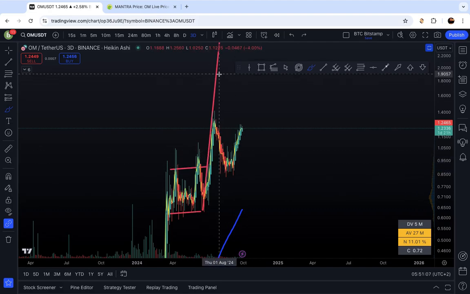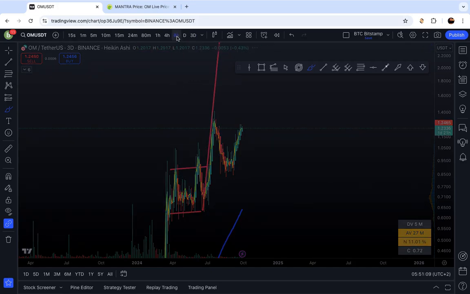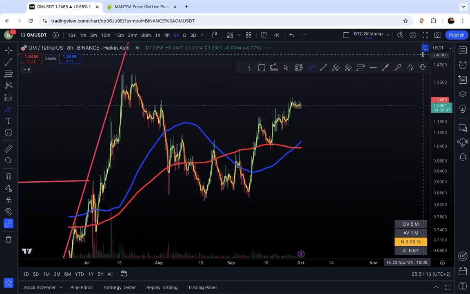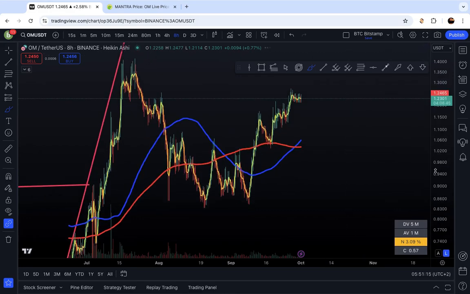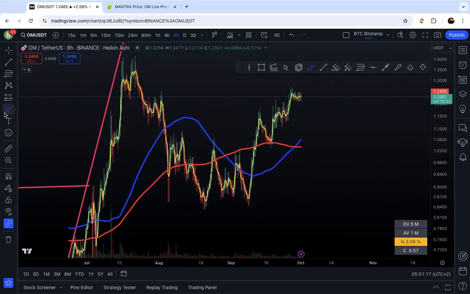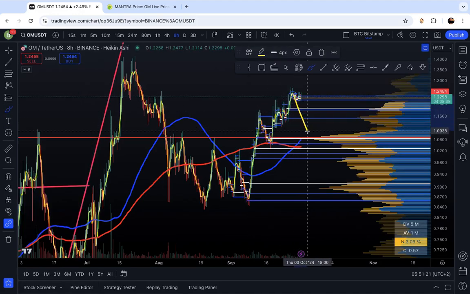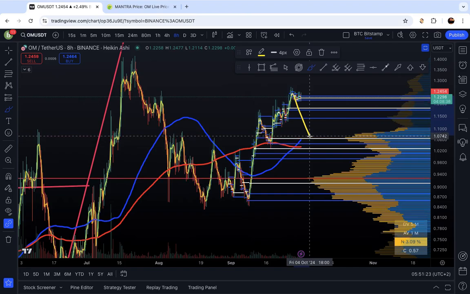So what's going to happen in the next few hours, or probably in the next 24 to about 72 hours, is we're going to see a little bit of a drop. Potentially, if that can happen, that will be a very great opportunity for us to buy a lot of it. If the price can have another retest to this level around $1.10 all the way to about $1, that will be very, very good, because it's going to give us a very good buying opportunity.